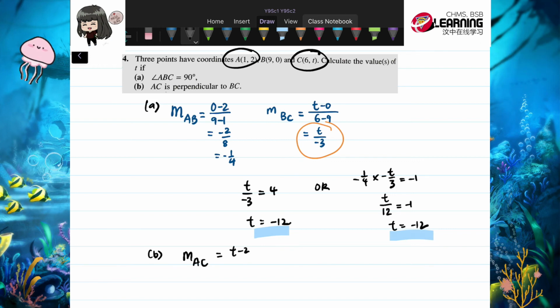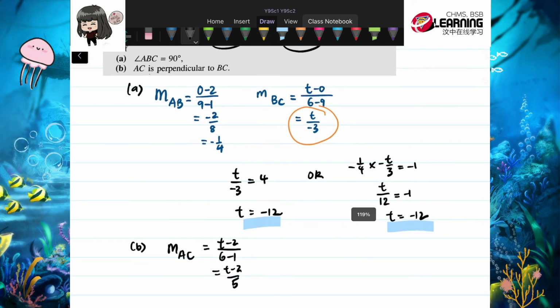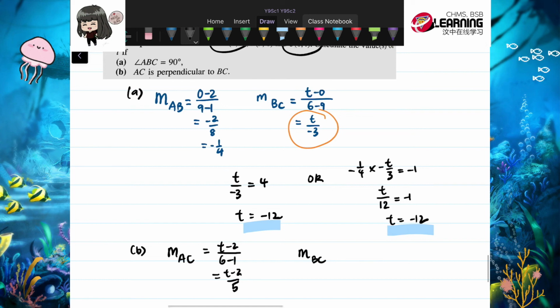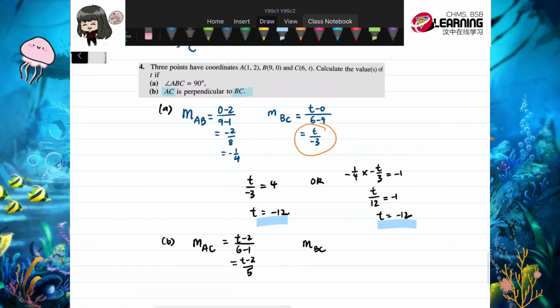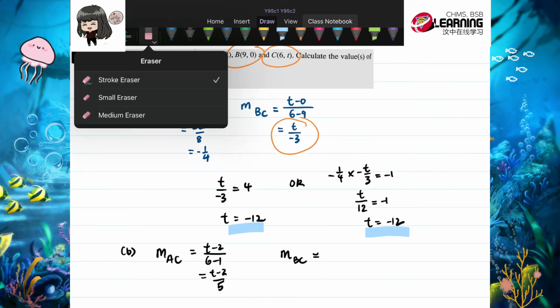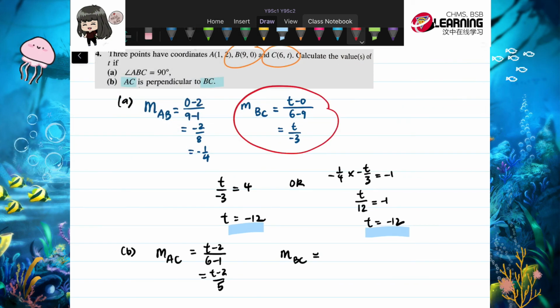So t minus 2 over 6 minus 1, which is t minus 2 over 5. And your gradient of BC, because here they say AC is perpendicular to BC, so you must find the gradient of BC. Now I will use B and C. You already found it earlier in part A, so I will just write it down, which is t over negative 3.